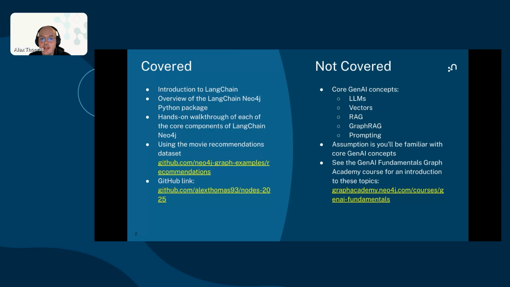I'll also include a link to the GitHub page of the code I'll be running through here in case you want to download it at a later date and run it yourself. You will need an OpenAI key for this, however. And don't worry about noting down any of these links. I have a final slide with them all on.